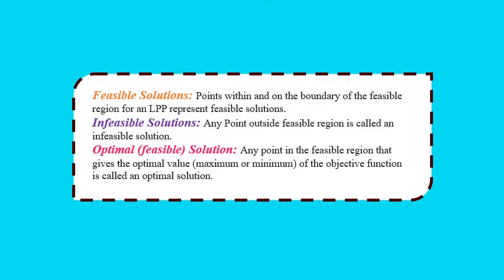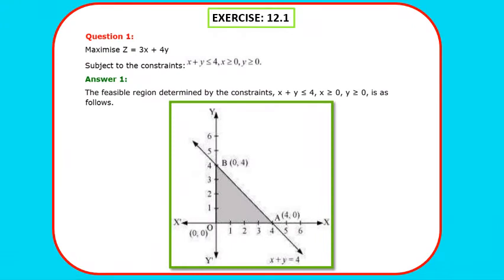Any point in the feasible region that gives the optimal value, maximum or minimum, of the objective function is called an optimal solution. So the point on which we get the maximum or minimum value is called the optimal solution.